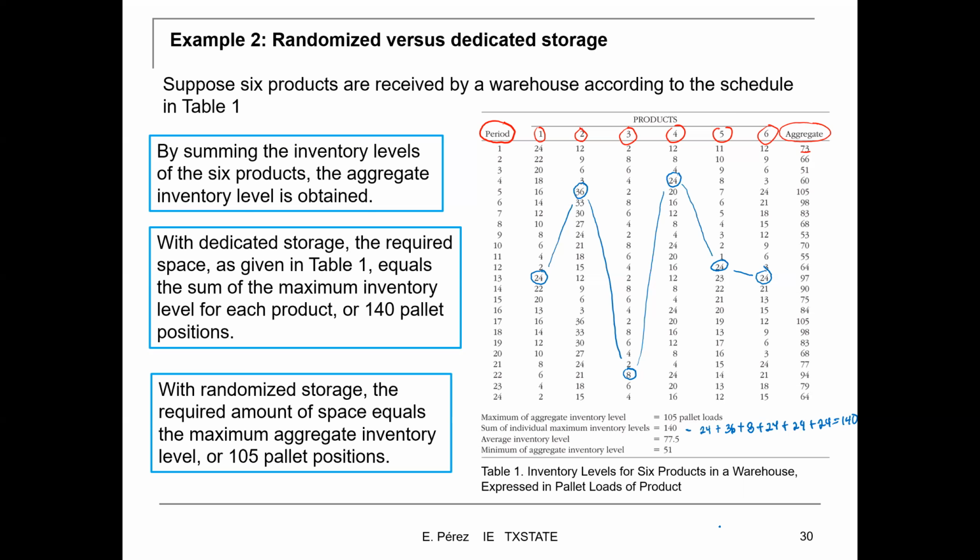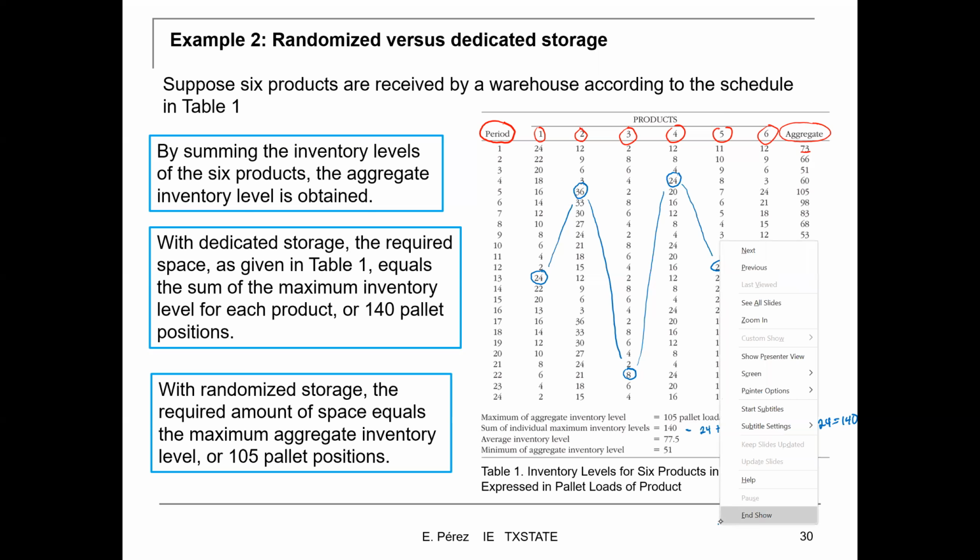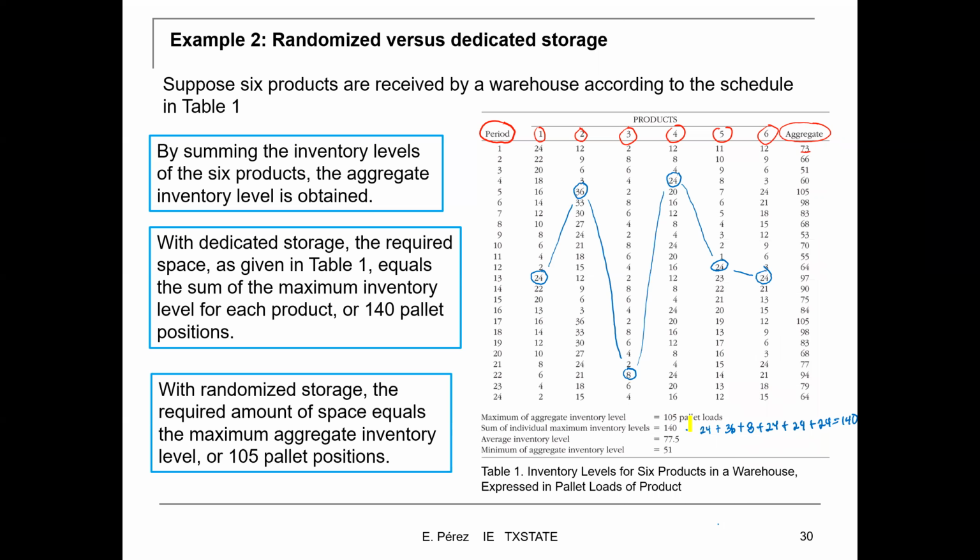So that's why we have that last column in this table, because we want to find the largest amount. And the largest amount for the aggregate column is 105. So with randomized storage, the required amount of space equals the maximum aggregate inventory level, or 105 pallet positions.